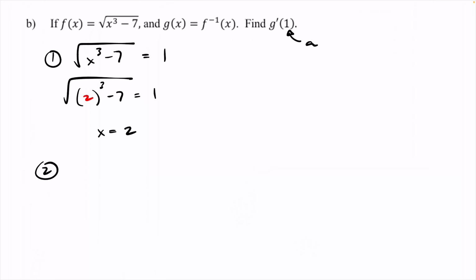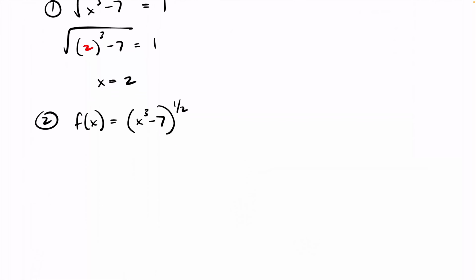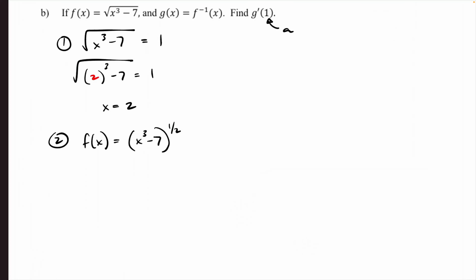Step 2, find the derivative of f. Well, f is the square root, right? So we're going to write it like that, to the 1/2 power. Now we got to find the derivative of that guy. Well, we're doing chain rule. This is pretty tame compared to the ones you guys did on your quiz with chain rule. You guys can handle this.